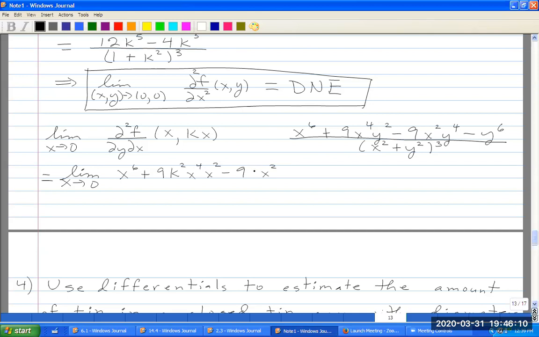This will be y to the xy to the 4th, so that's k to the 4th x to the 4th, minus kx to the 6th, which is k to the 6th x to the 6th, divided by x squared plus k squared x squared cubed.